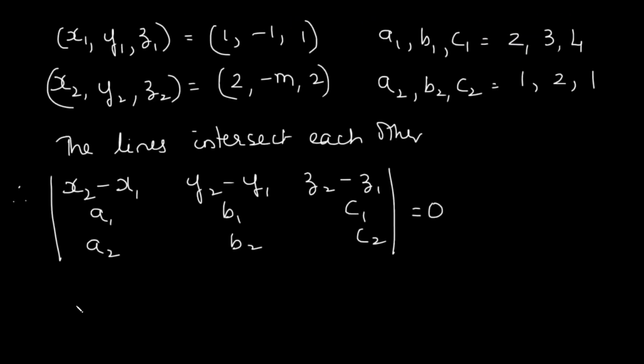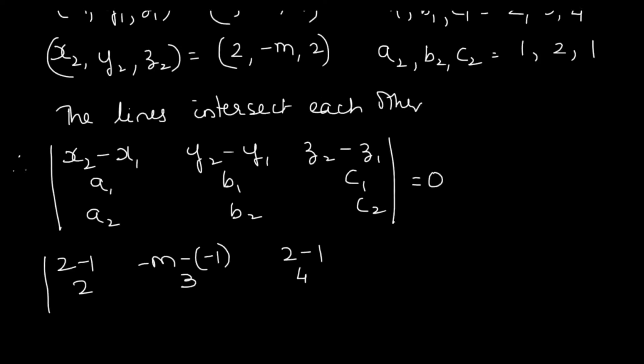So in this case, x2 minus x1 is 2 minus 1. y2 minus y1 is minus m minus minus 1. And similarly 2 minus 1 again. That is the first row. Second row obviously 2, 3, 4. And the third row is 1, 2, 1.